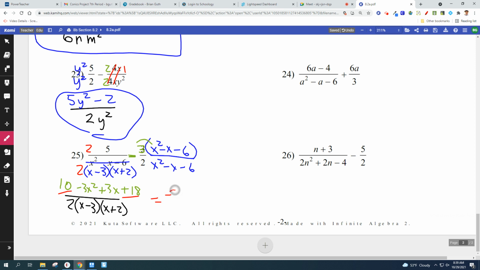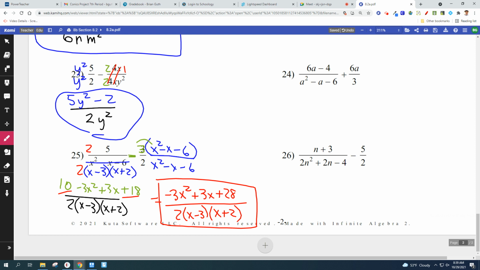So we're looking at negative 3x squared plus 3x plus 28 over 2 times x minus 3 times x plus 2. That could be a hard trinomial, but I'm not worried about that just yet. We'll get there. All right?